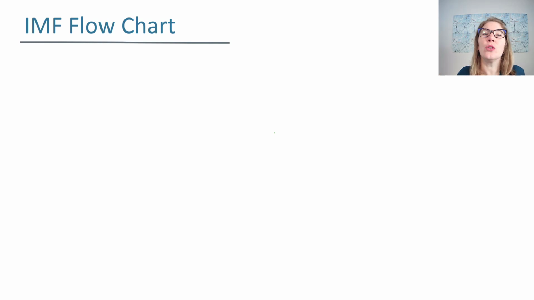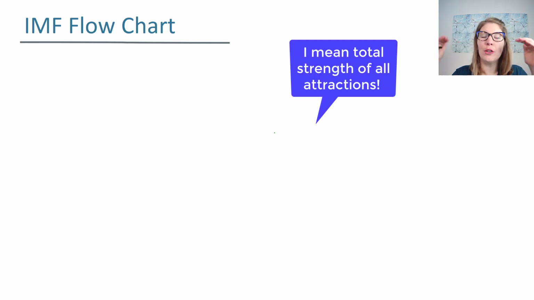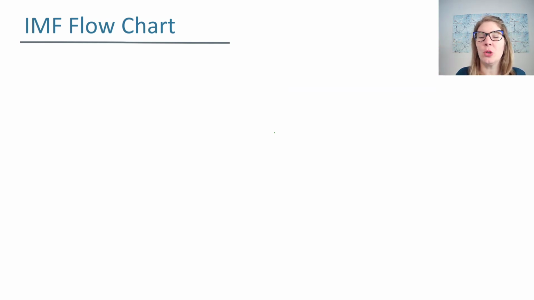But it's really difficult to rank the strength of intermolecular forces if you're looking at every single force. So a lot of times what we do is we just focus in on the strongest intermolecular force that is present for a particular molecule.